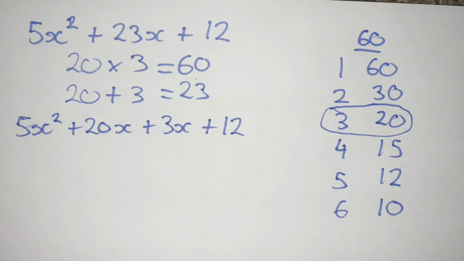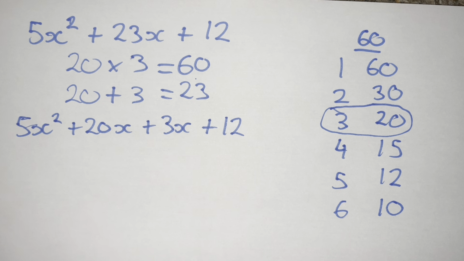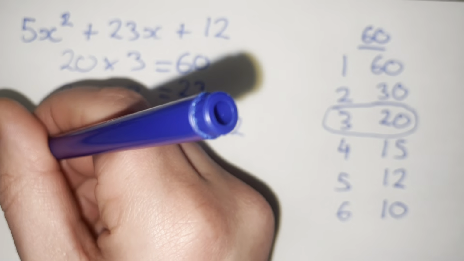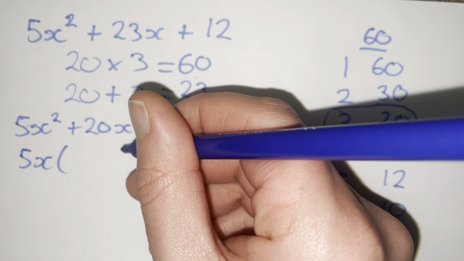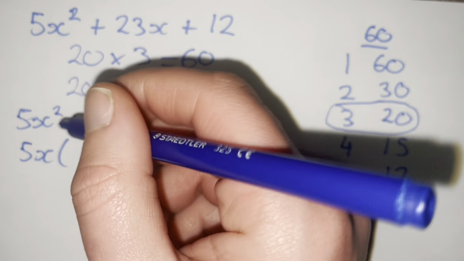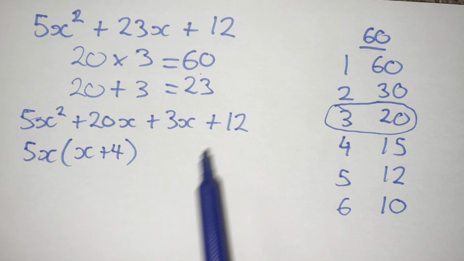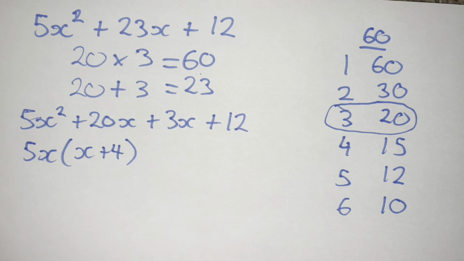And then again, factorising my first two terms and factorising my third and fourth term. For my first two terms, I see I can take a 5 out of both and an x, so 5x. Then in my brackets, I'm going to have an x plus 4. Then factorising my third and fourth terms, I see I can take a 3 out of both.